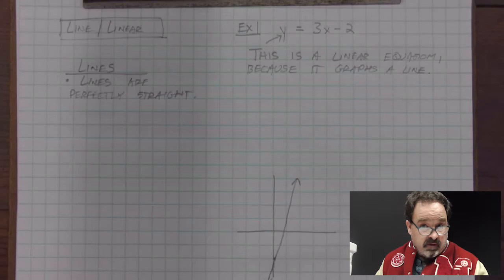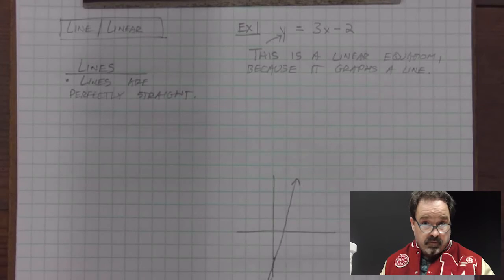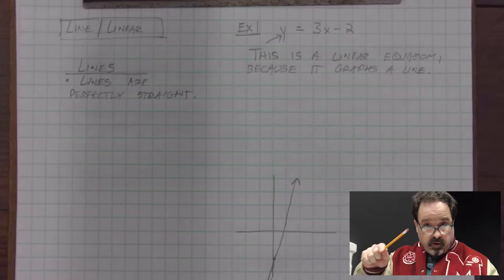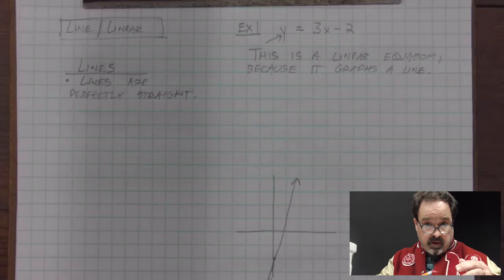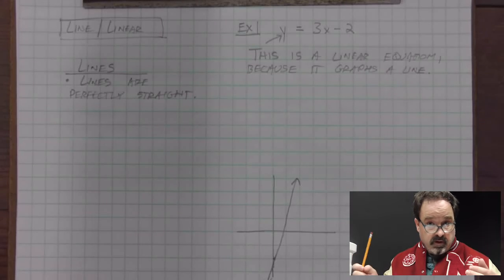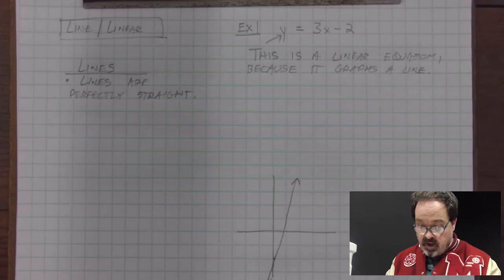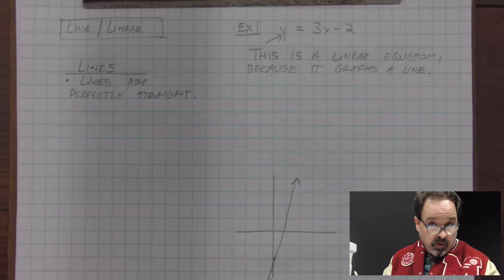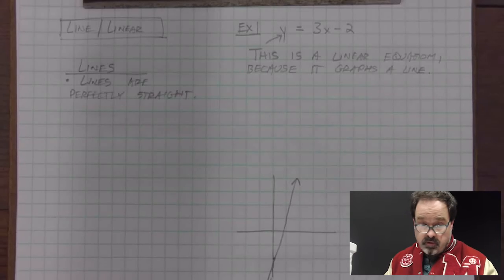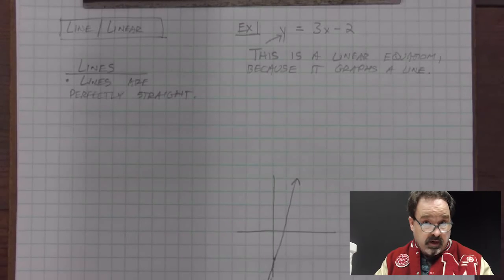This may not be the case in an art class. A line in art might curve. What's important is maybe that an artistic line is a sharp distinction between two regions. In mathematics, when we use linear or a line to describe an equation or a graph, then we're communicating that it is absolutely and perfectly straight.